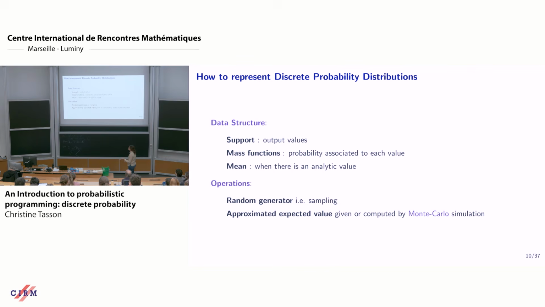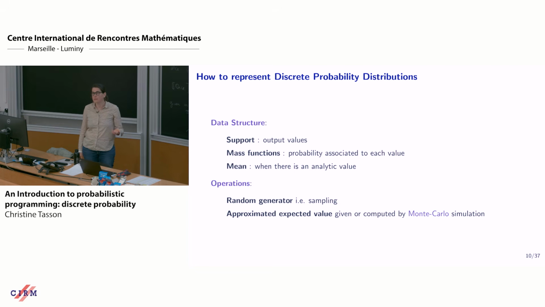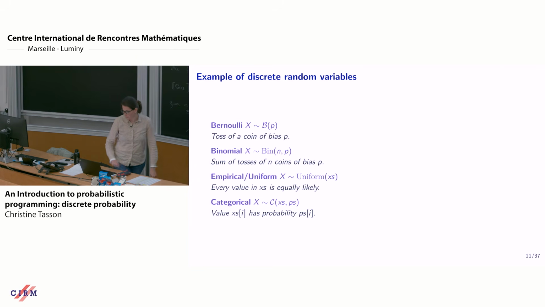I need to encode the mass function, and often I will just put it in also to represent my distribution, so that when I need it, I don't have to compute this expected value. I also need a way to sample this random variable, so a sampling operator.